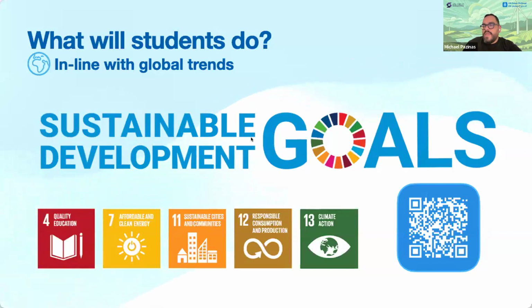Just as a reminder, we're focusing on 5 different areas with your app prototype. These are all from the Sustainable Development Goals: quality education, affordable and clean energy, sustainable cities and communities, responsible consumption and production, and climate change.